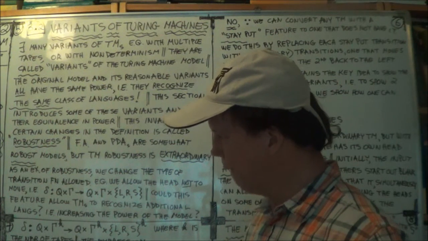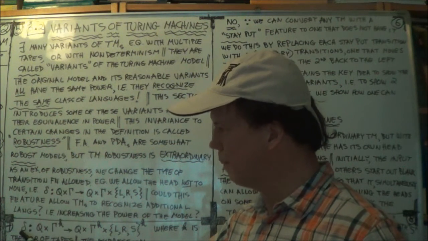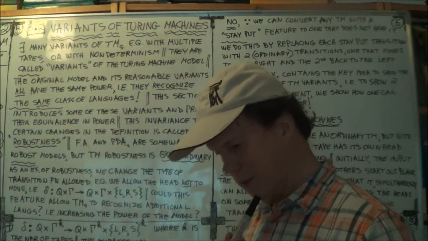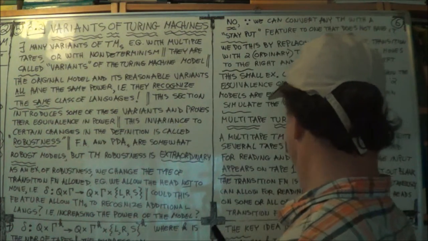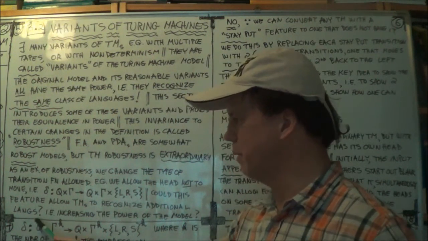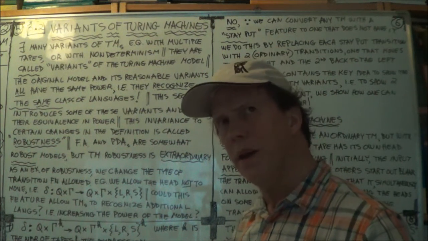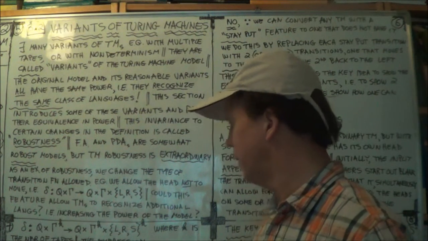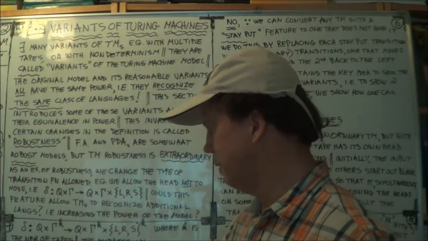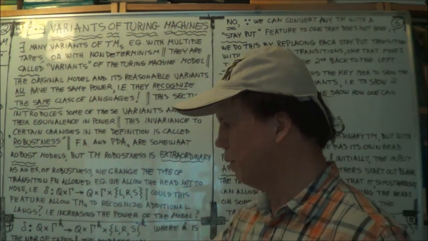So you need to specify the input to your transition function. The input to your transition function won't be an ordered pair. It'll be a k plus 1 tuple.